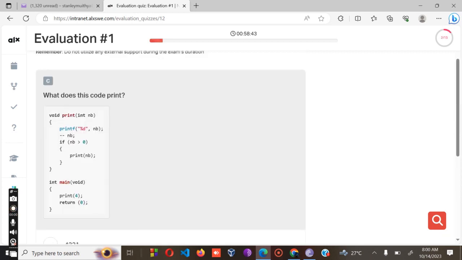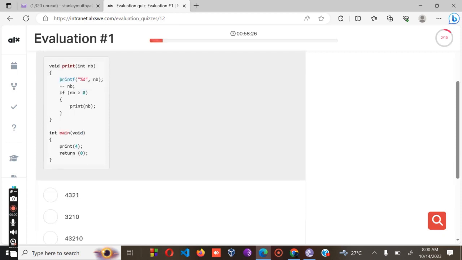Number two, what does this code print? We have the void print function with an int parameter, and then we have the print call.